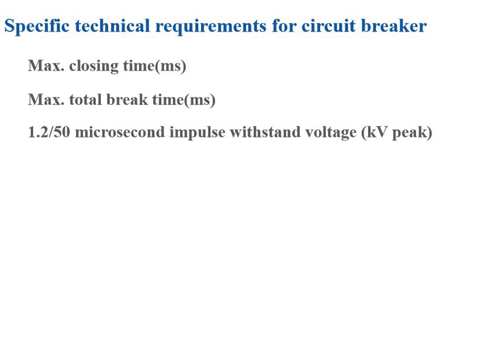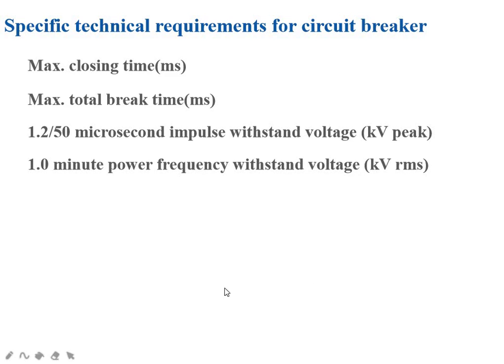Then next is the 1.2 by 50 microsecond impulse withstand voltage. Depending on the insulation health of your circuit breaker, this test or requirement is there, and that is generally measured in kilovolt peak.